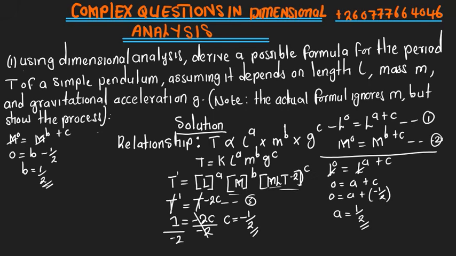Now, we have solved for the values of A, B, and C. So our B, in this case, is going to equal 1 over 2. Okay, we can go back to our formula.